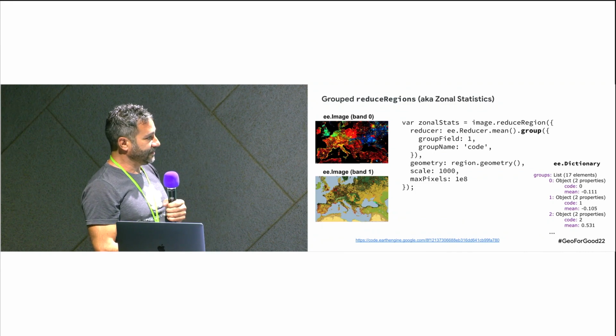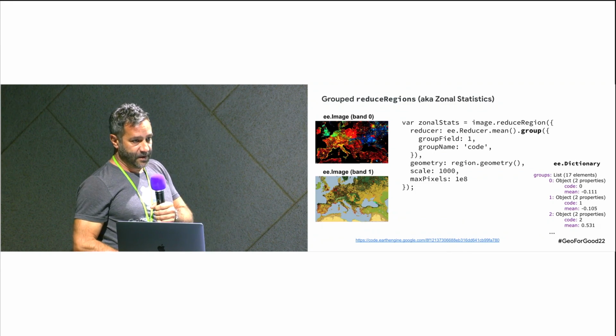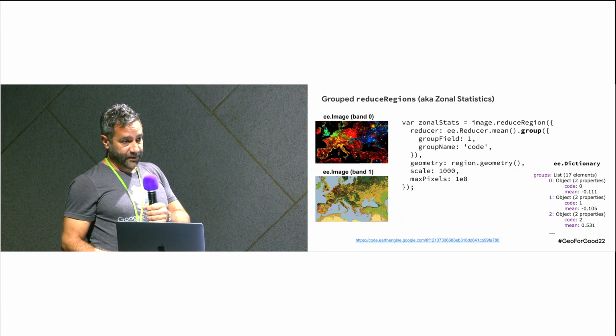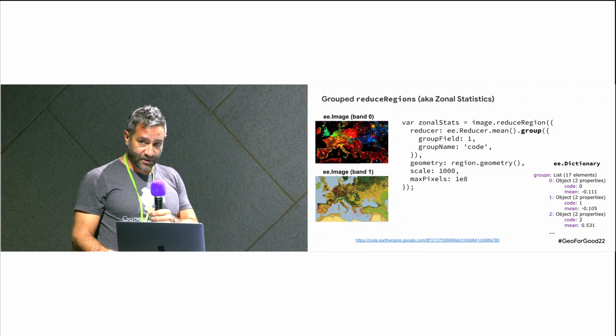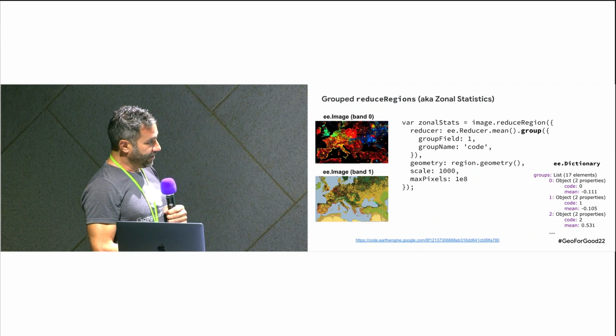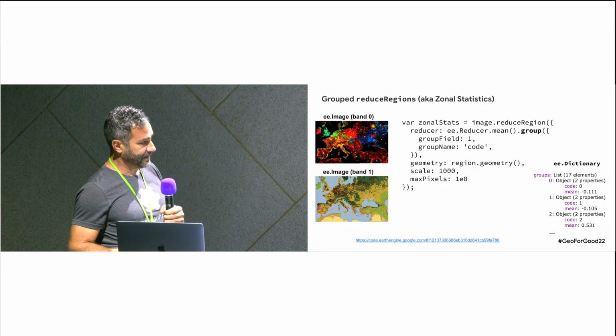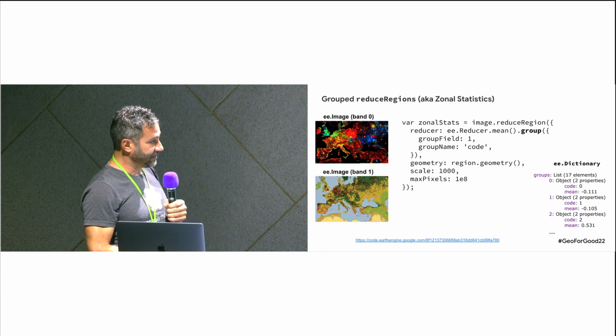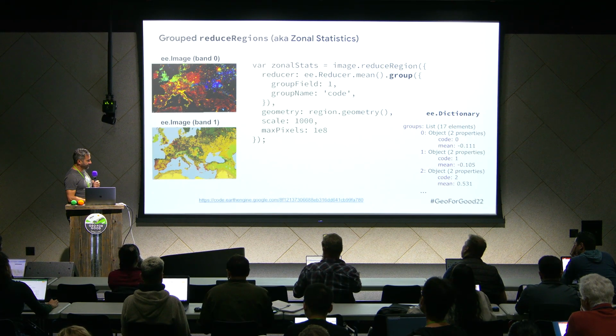It's this dictionary structure. When you do a reduce region, you get a dictionary. When you do a reduce regions, you get a feature collection. Here you get this object which contains a list of all the different groups. Each group gets an item in the list, and it tells you the code or the value.